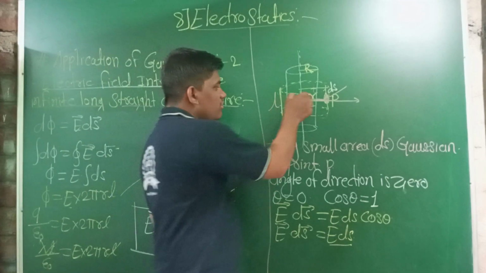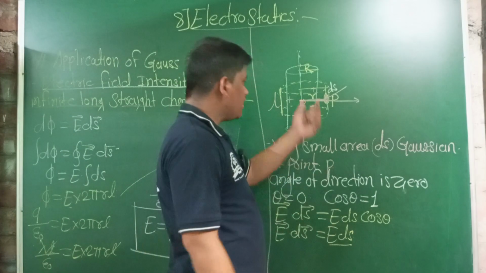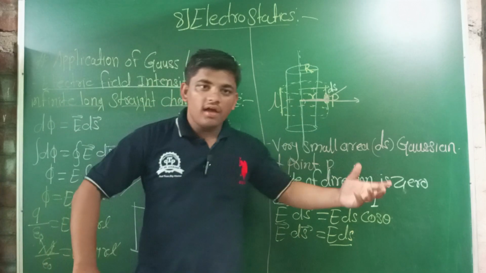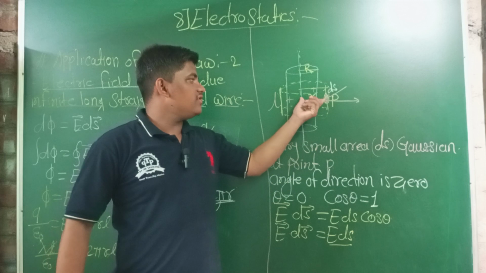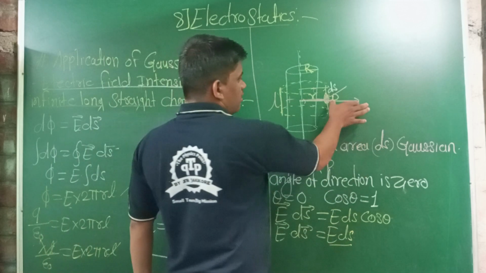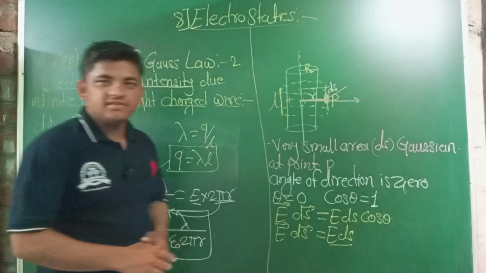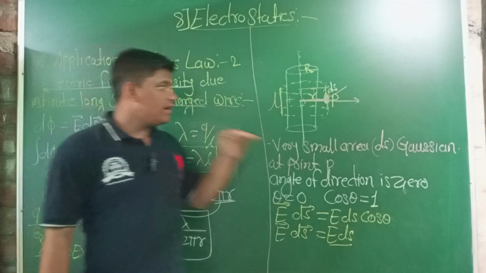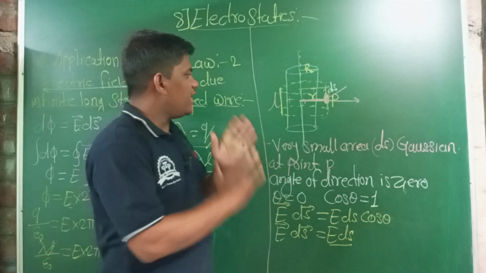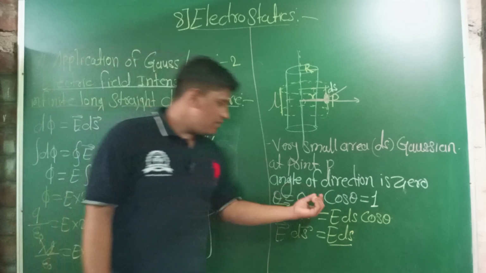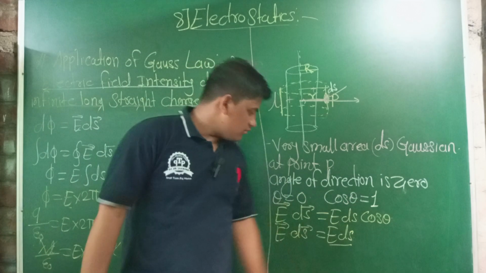It means the direction of the electric field intensity is directed outward along the radius R, and the normal of the Gaussian surface is in the same direction. The angle between the two must be 0 because they coincide and point in the same direction. Then theta is equal to 0, so cos theta is equal to 1.